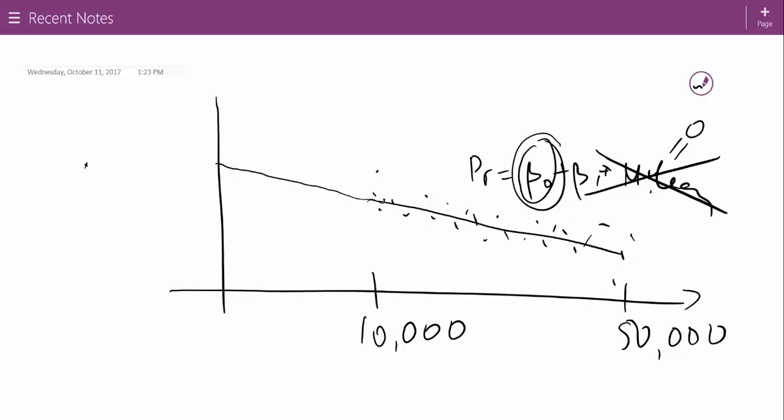Here is where the straight line meets the vertical axis. That's my vertical intercept beta 0, the value of the brand new vehicle with no miles on it. Here I'm making an assumption that this equation will still apply in this zone where I don't have data.